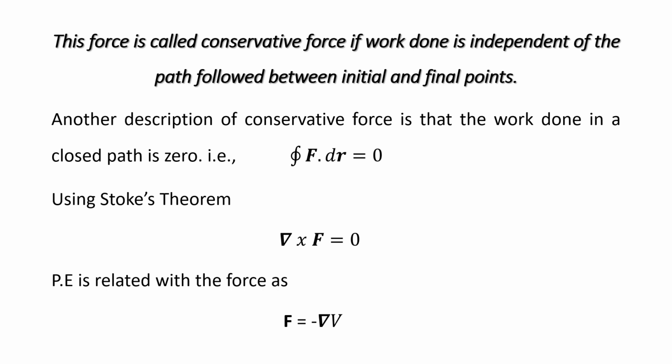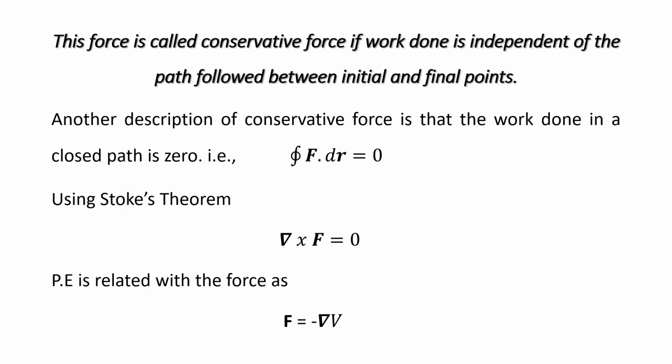Now we know that the potential energy is related to the force, and that the negative gradient of the potential energy is equal to the force, which is written as F equals minus del V. We see the minus sign.